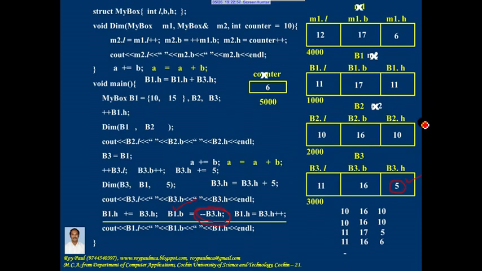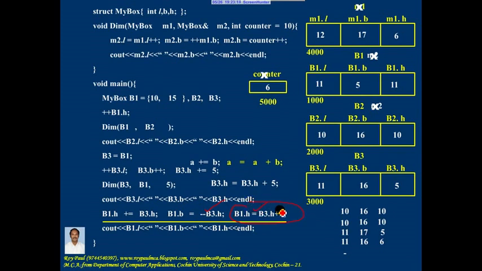So this is b1.b. So this 5 comes here. You can see it became 5. Now this is completely executed and now the control comes here.